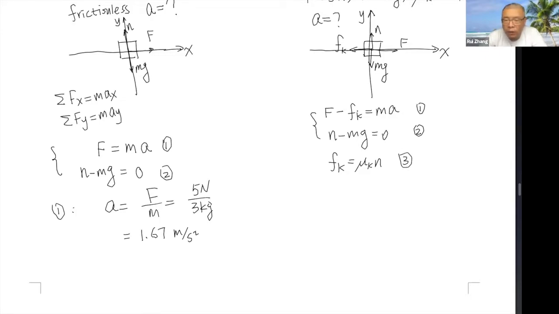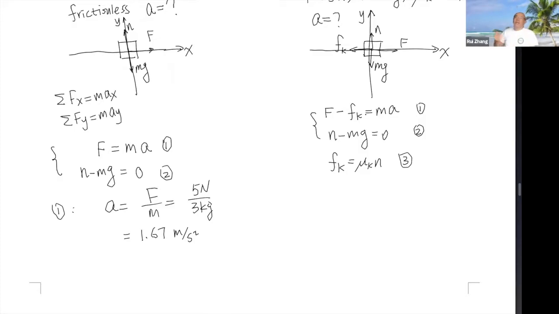Again, let's look at the first one. We want to get a. That means we need to know Fk. How do we know Fk? It's given by the third equation, Fk equals mu k times N. So how do we get N? The second equation has N in it, so we can solve N first from the second equation, go to the third one to get Fk, and then go back to the first one to get a. So that's going to be our logic.